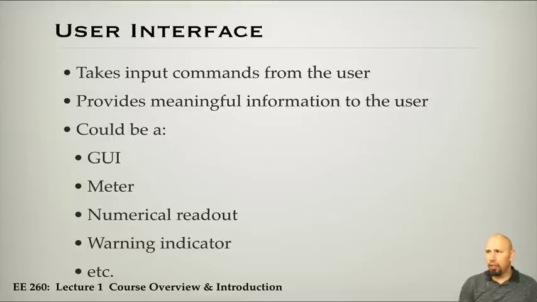That's a graphical user interface. Or the output could be visual in the form of a meter, a numerical readout, some kind of a warning light or indicator, etc. Basically, the user interface takes whatever information the user is going to give, and it returns back to the user information that's useful to the user.